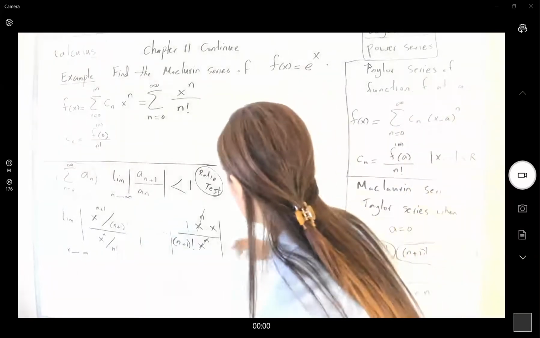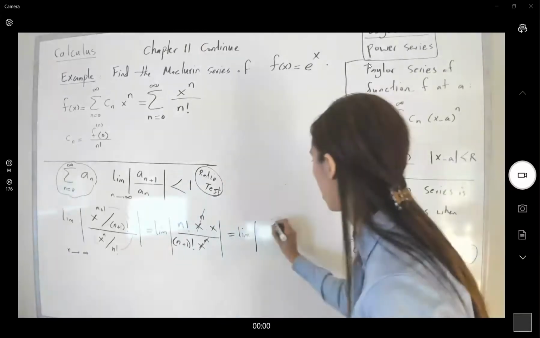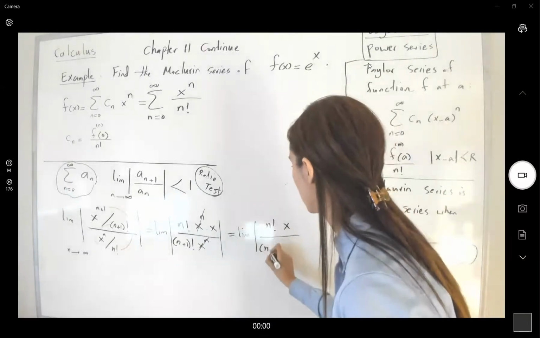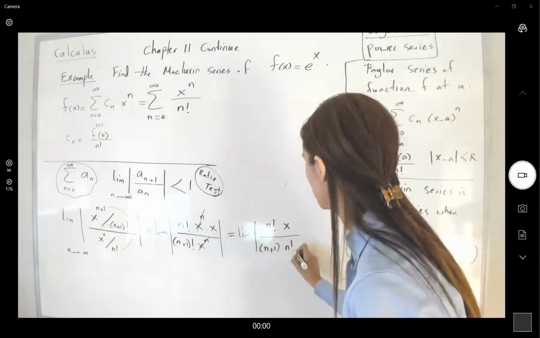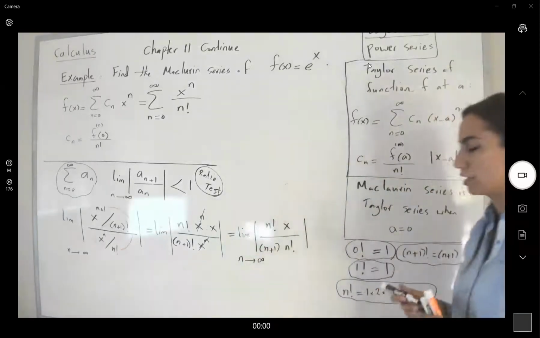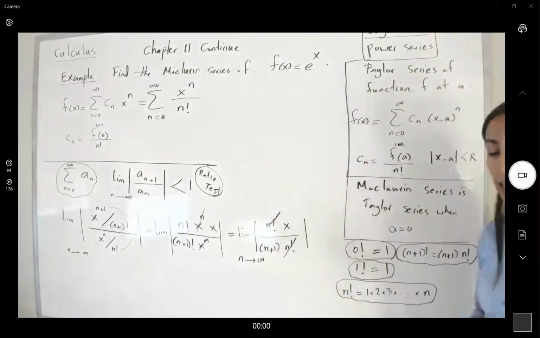So this limit becomes the limit of the absolute value of n factorial times x divided by n plus 1 times n factorial as n approaches infinity. We can cancel out n factorial and n factorial.